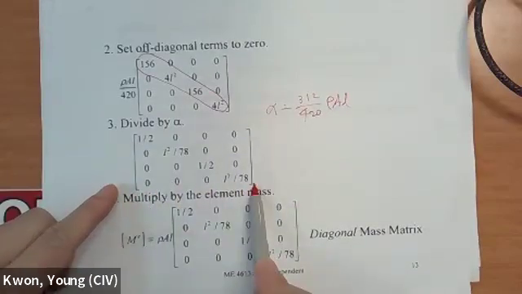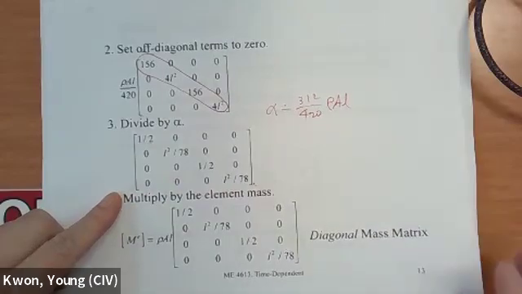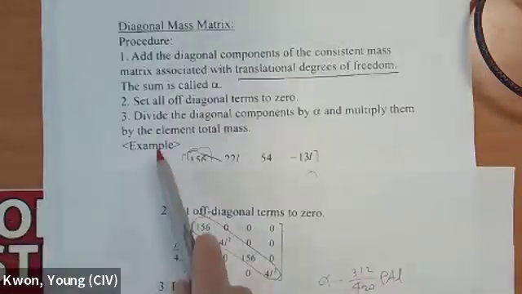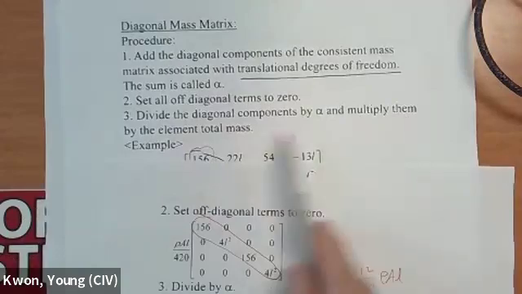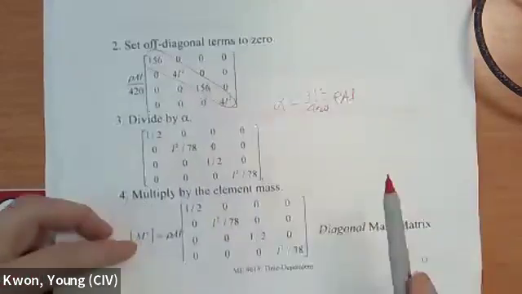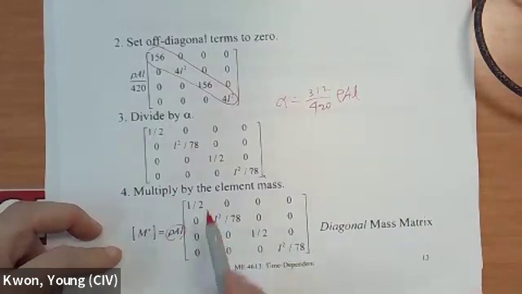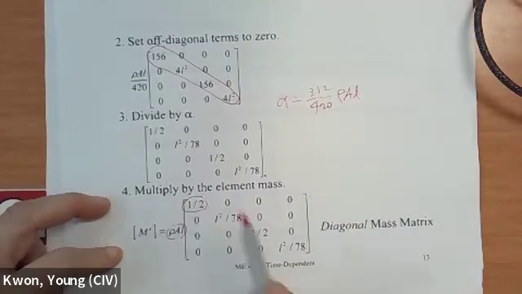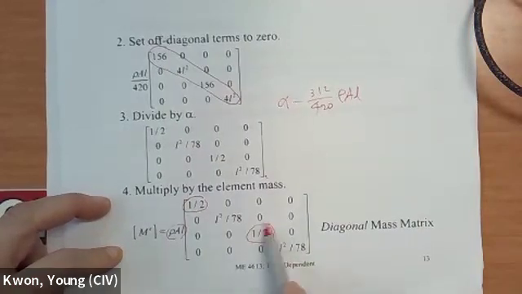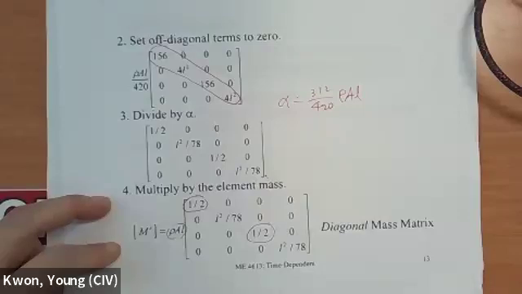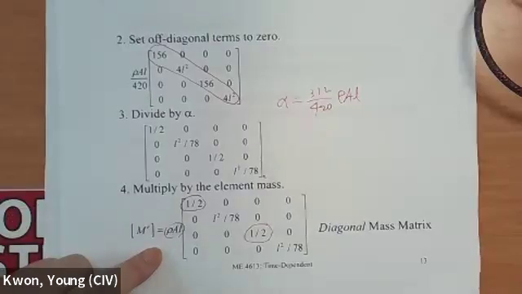And then the last step is to multiply them by the element total mass. So the total mass is rho AL. So the element total mass is multiplied by that. What you do is simply conserve the linear mass in the element. That's the main thing.